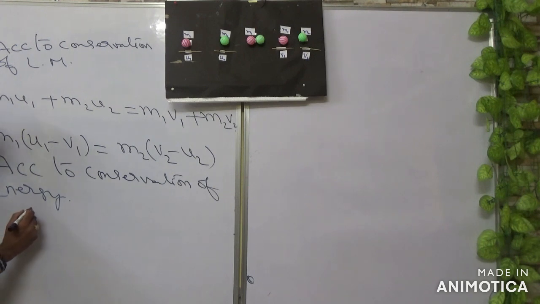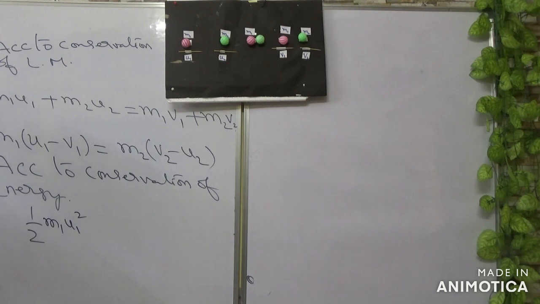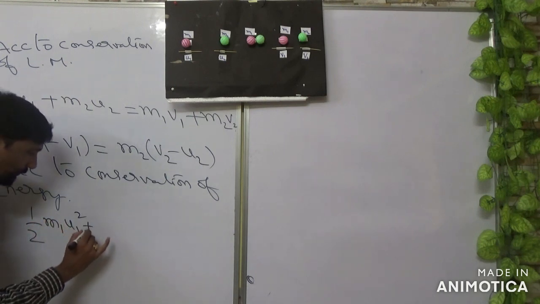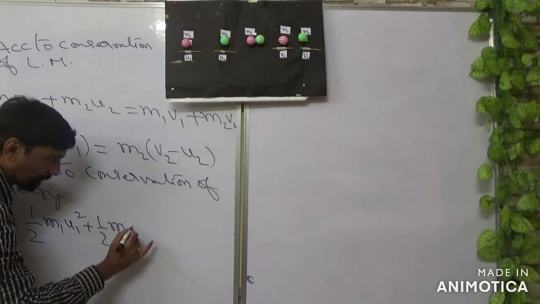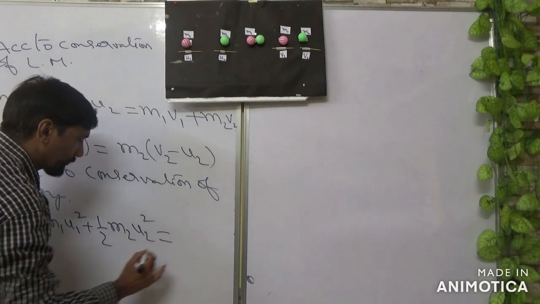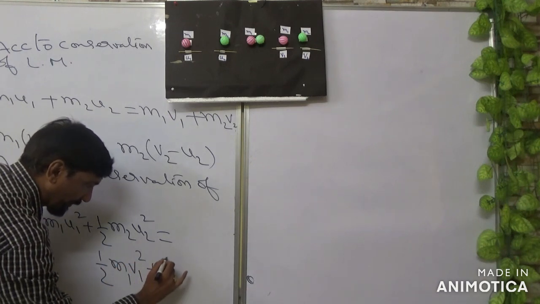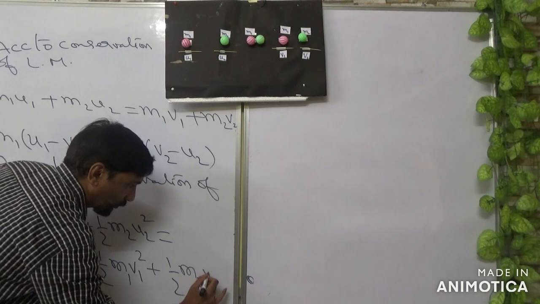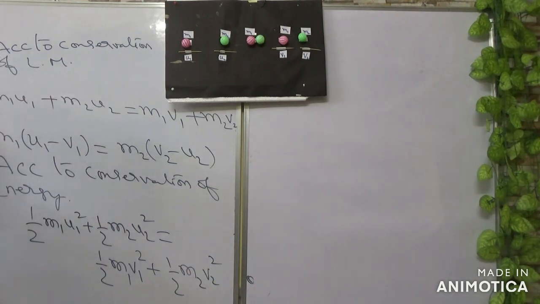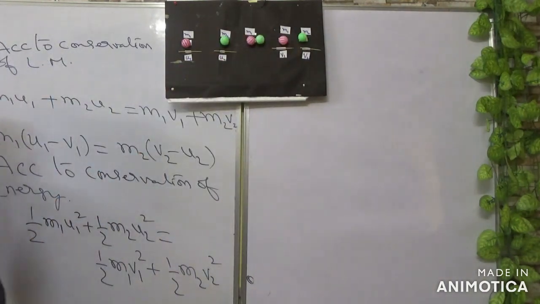Kinetic energy of first body half m1 u1 square plus second one half m2 u2 square is equal to kinetic energy after collision, half m1 v1 square plus half m2 v2 square. This is total kinetic energy before collision and this is total kinetic energy after collision.